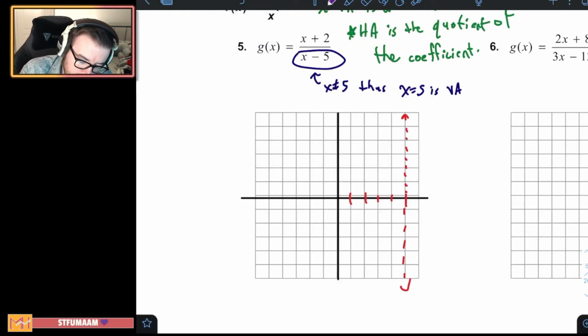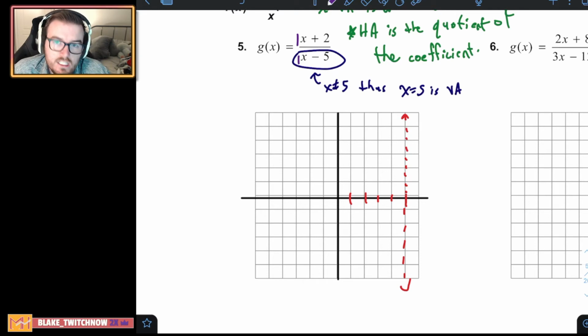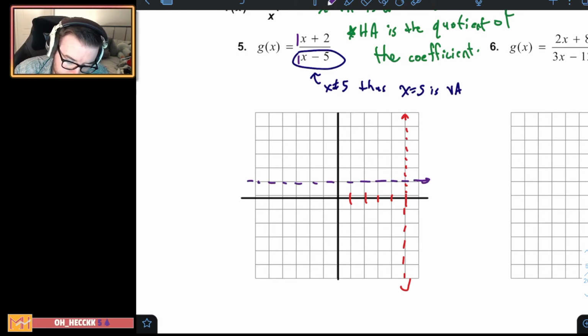The coefficients are 1 and 1. What is 1 divided by 1? The quotient. Quotient is a fancy word for division. The quotient, 1 divided by 1, is 1. So that means there's a horizontal asymptote at 1. And there's no reflection. So with that being said, we know it looks like this. That was terrible.